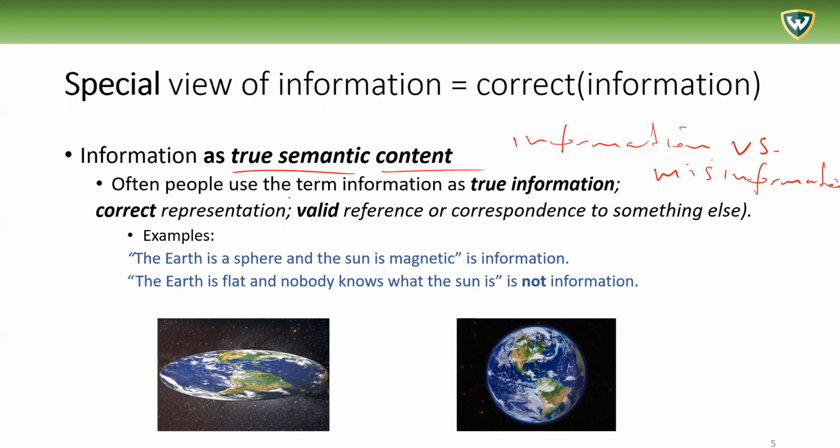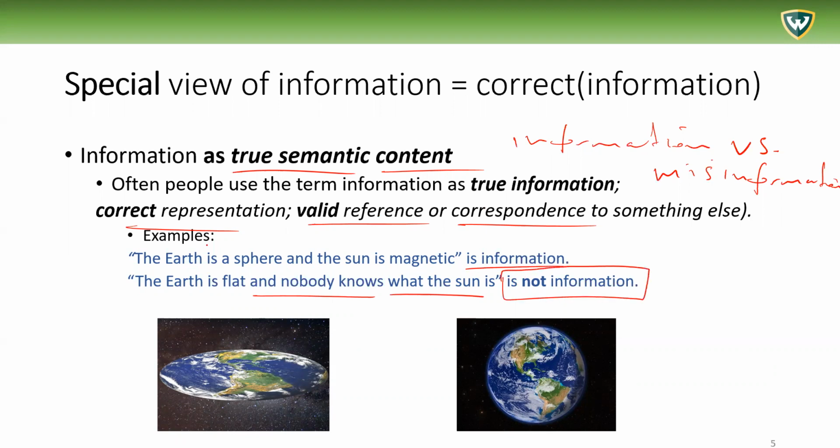So information is correct representation or valid representation or valid reference or valid correspondence to something else in the world. So some very clear examples: the earth is a sphere and the sun is magnetic. This is information. If somebody says that, they're giving you information. If somebody says to you, the earth is flat and nobody knows what the sun is, this is not information.